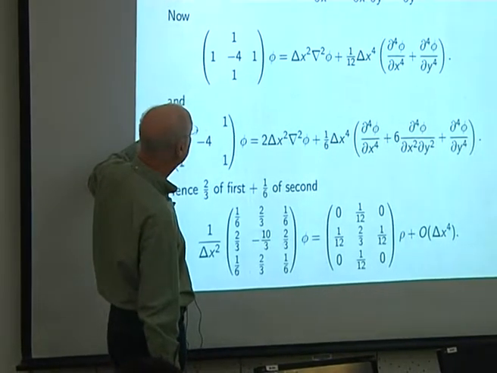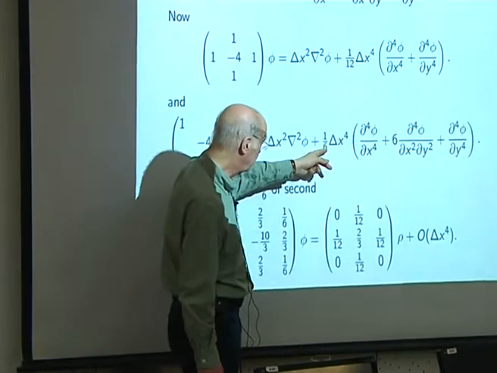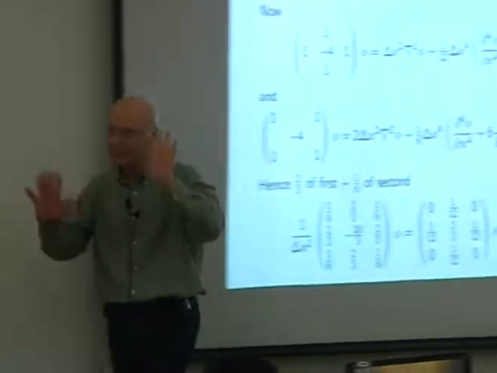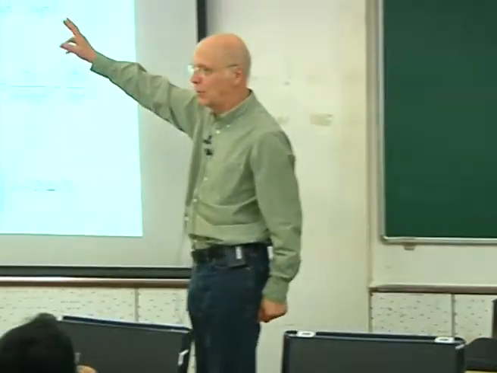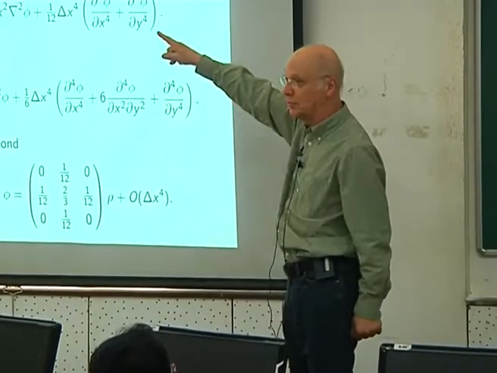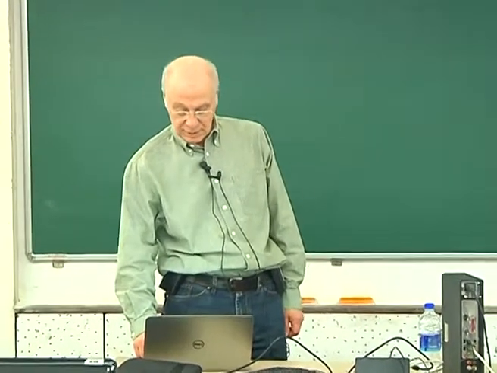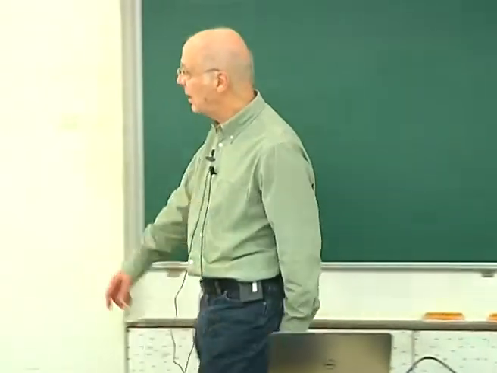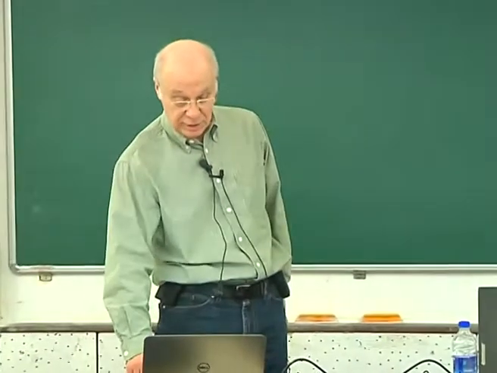So that has to end up as a 12th when we add it. So this is a 12th here. Okay. I don't want all of del squared of rho, I want 2/3 of del squared of rho. Okay, so that has a fourth order error, and I can solve that numerically.